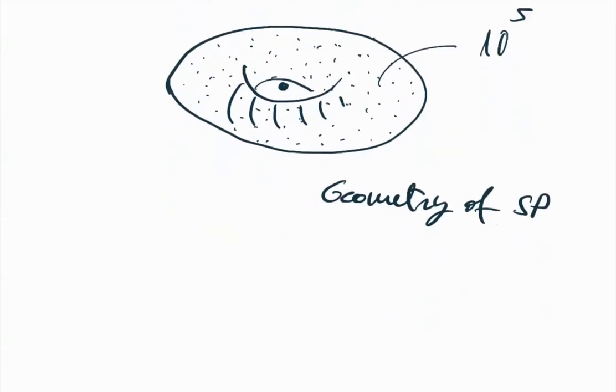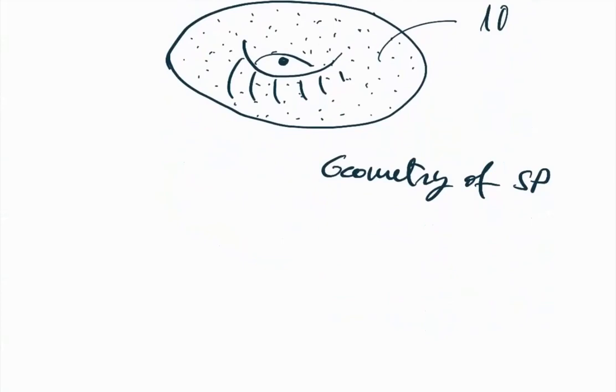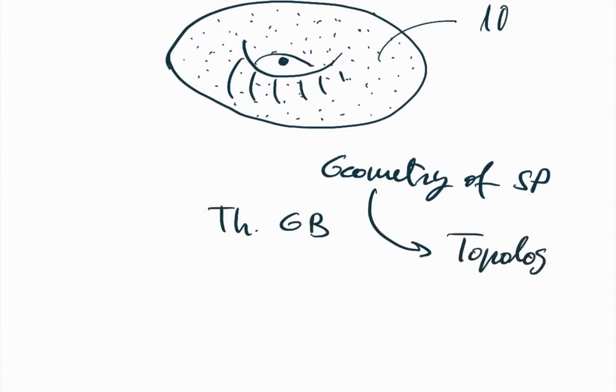And it is very likely, because there is something called the theorem of Gauss-Bonnet, that you can relate this geometry to the topology of that space-time, at least in 2 dimensions.